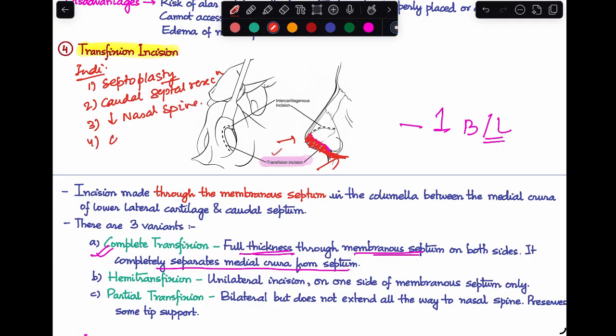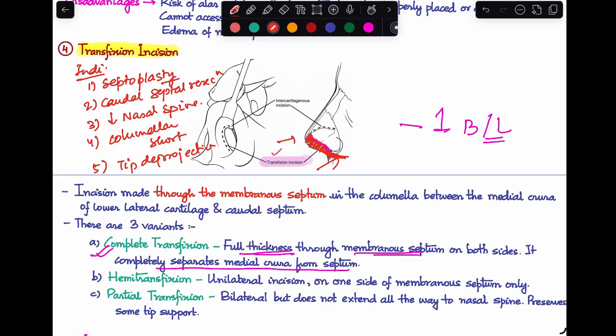Fourth, if we need to perform columellar shortening. And fifth, if we need to do a tip deprojection, meaning in a case of an overprojected nose, we are trying to deproject the tip. In that case, this incision would be useful.